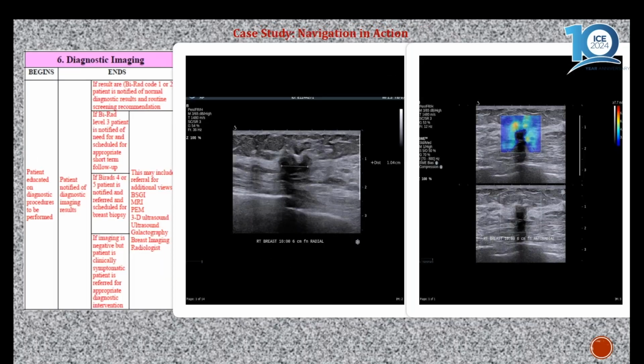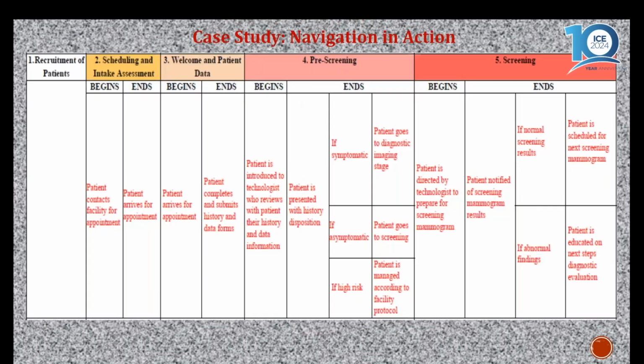On the ultrasound, she was recalled from her screening. We took her straight to ultrasound. There was no need to do any spot compression films because on the tomosynthesis images, we could see everything we needed to see.